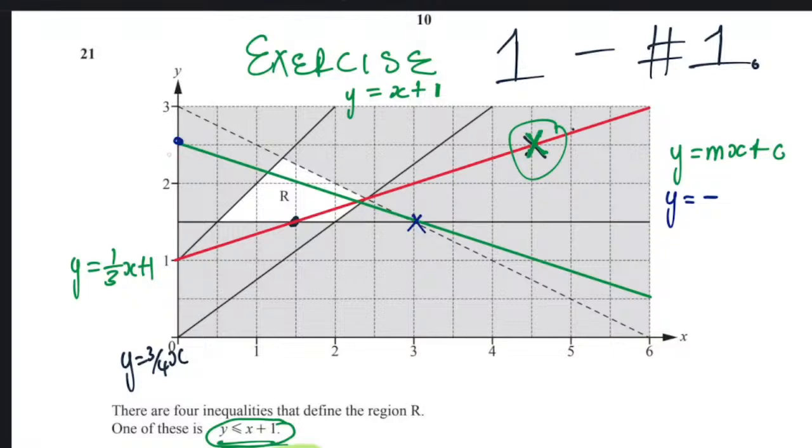Just count the steps. 1, 2. So you moved 2 to get to this point here, which is the nice point where our green line is getting to a corner. You can all see that the green line is at a corner here. Let's count the boxes. 1, 2. It's 2 boxes in the y.